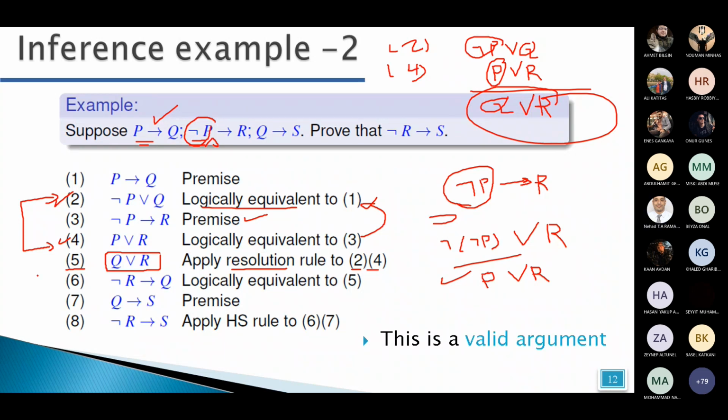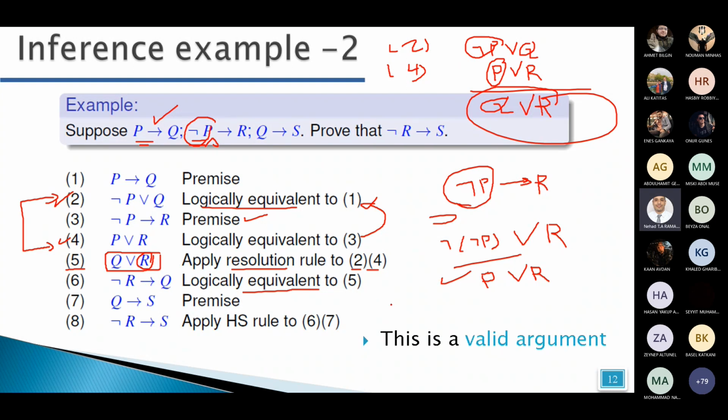Now we will use the logical equivalence rule for statement 5. We can get not R implies Q. From where?